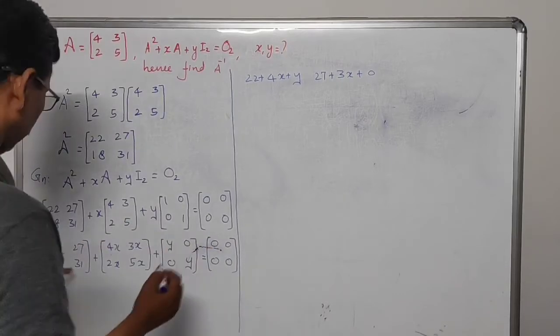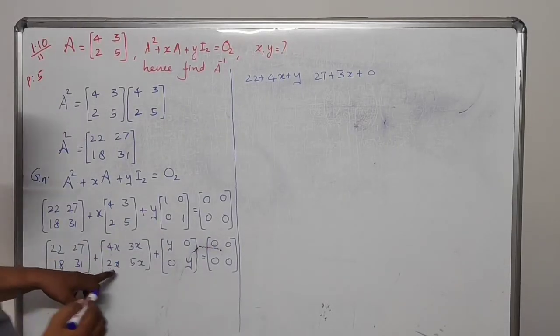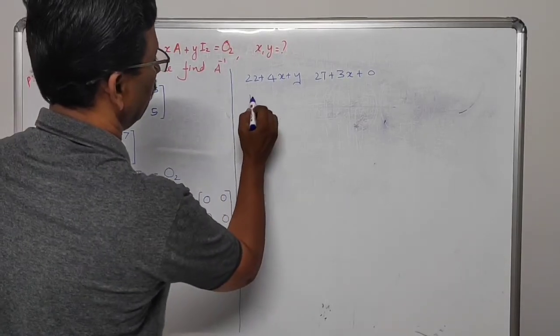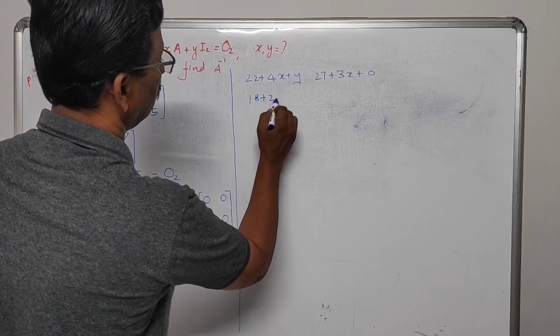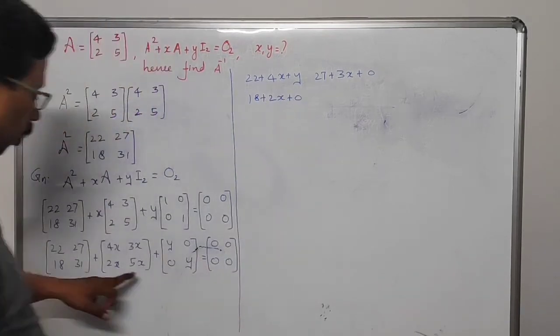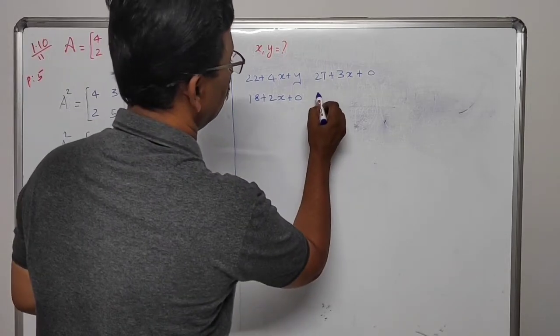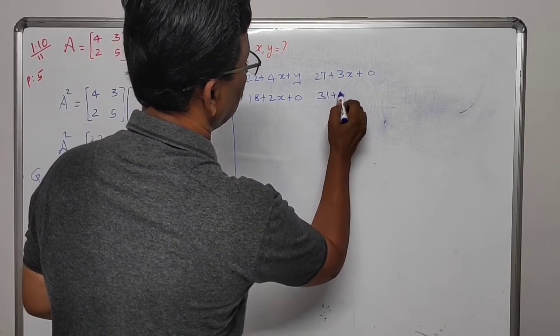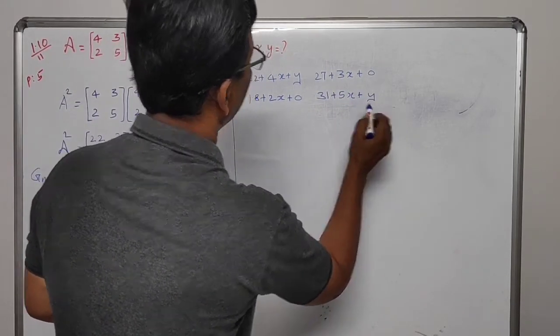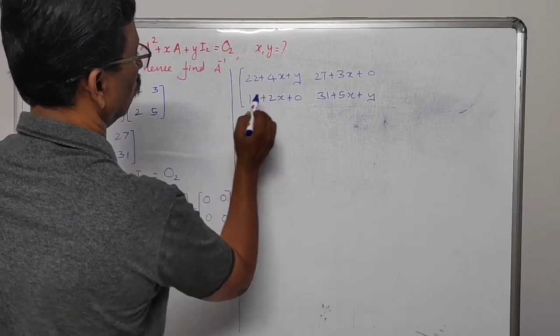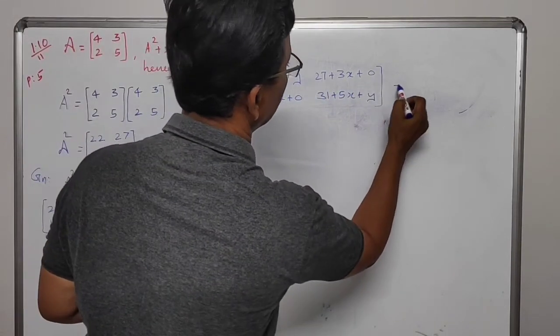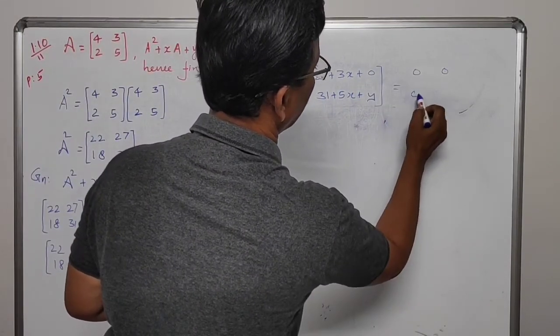Then if you go for the second row, 18 plus 2x plus 0. Then 31 plus 5x plus y. Now this matrix is equal to 0, 0, 0, 0.